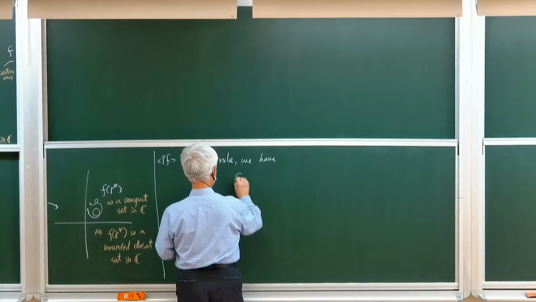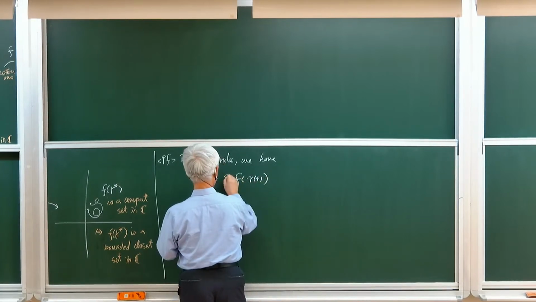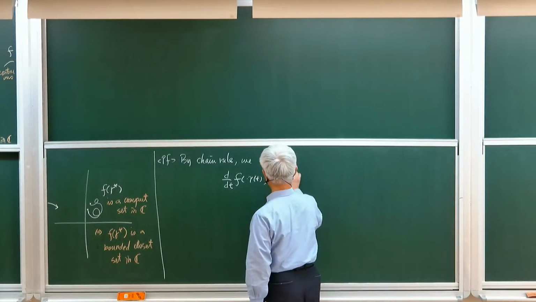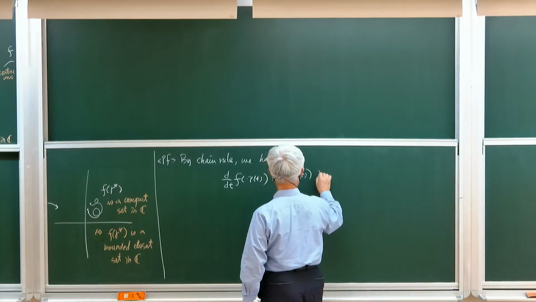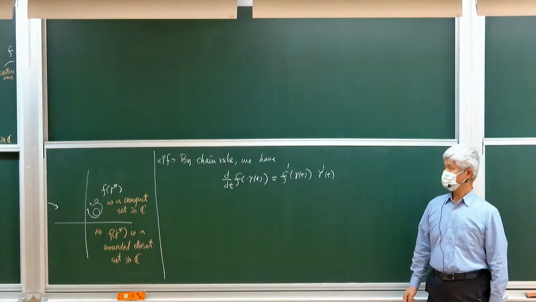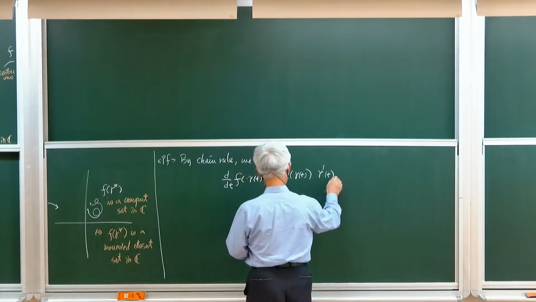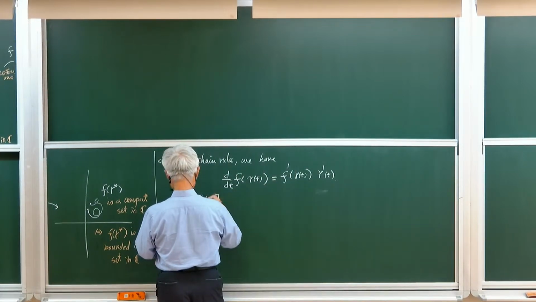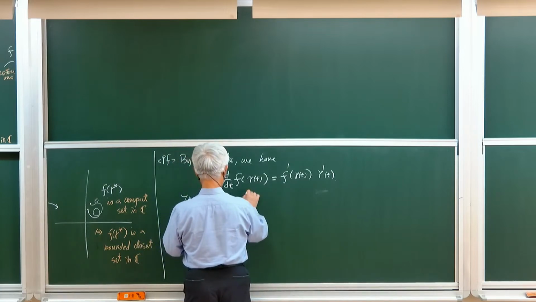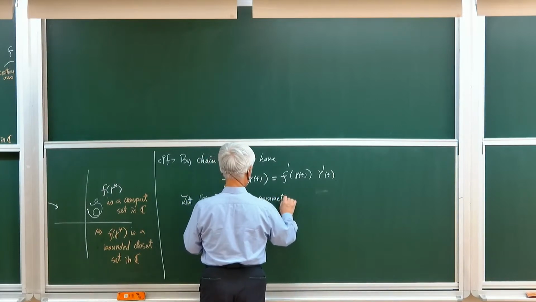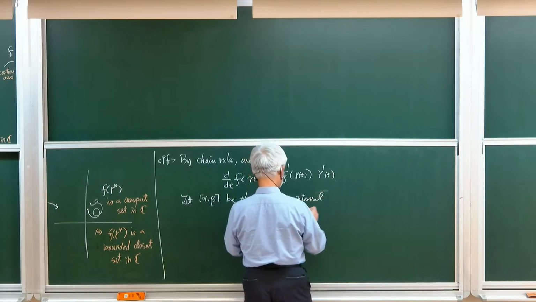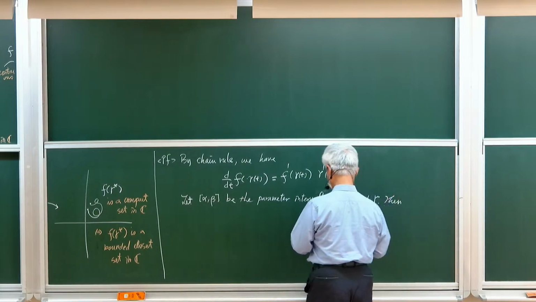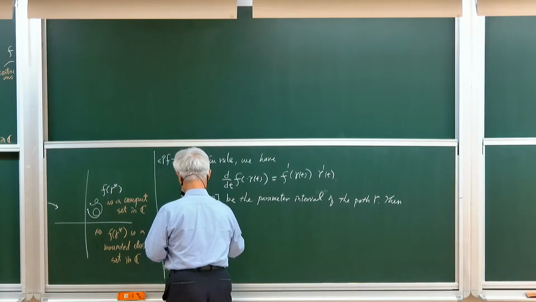So if we take the derivative with respect to t, by the chain rule, I have this. Now let alpha, beta be the parameter interval of the path gamma. Then we look at the integral.